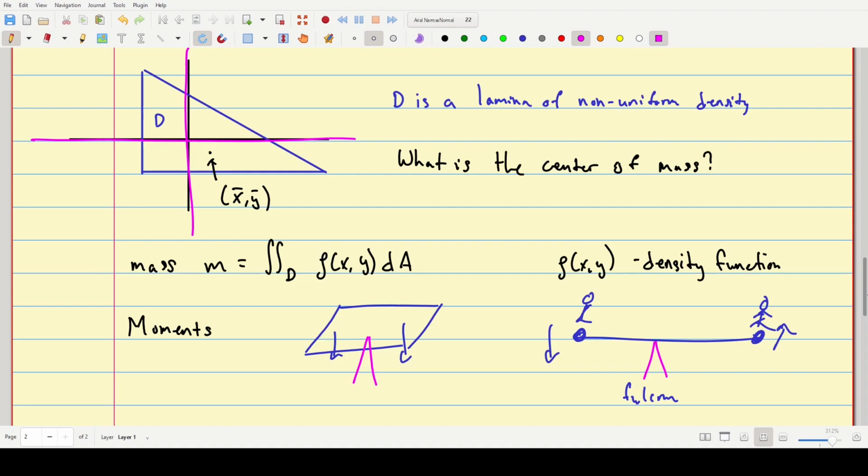So there are moments that depend upon the distance away from the x-axis, and there are moments that depend on the distance away from the y-axis. Does this make sense? All right.